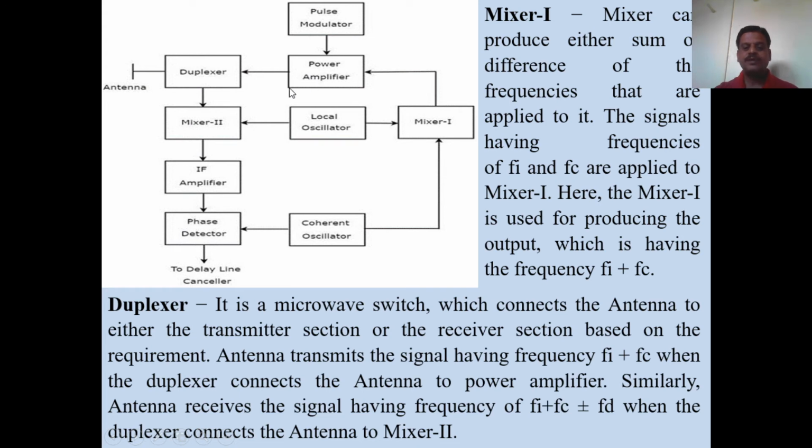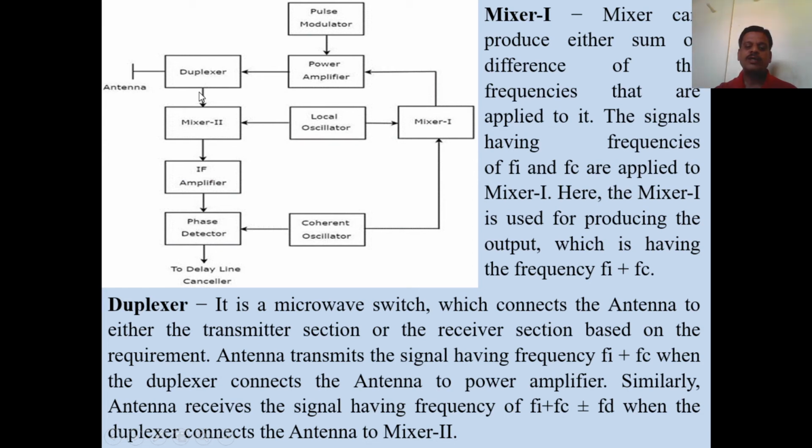Okay, then the duplexer. Actually, a duplexer is nothing but a switch which can connect the transmitter to the antenna, and similarly the receiver to the antenna. When this power amplifier is ready to transmit the signal, the duplexer is connected to the transmitter, and the signal transmitted by the power amplifier is fed to the antenna.